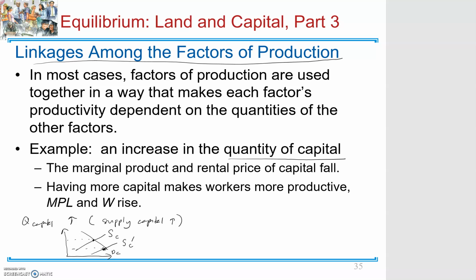So here we can say that the price or rental price of capital now decreases. Then this price refers to the rental price for capital. So if that happens, then we can say now the quantity of capital increases. This is actually the first thing that we are looking at.